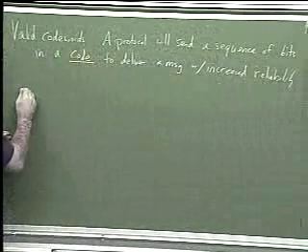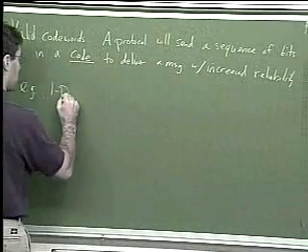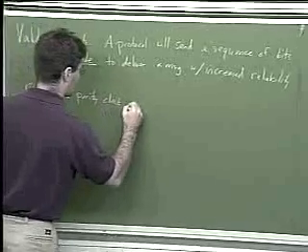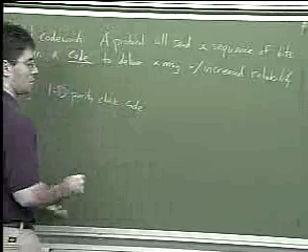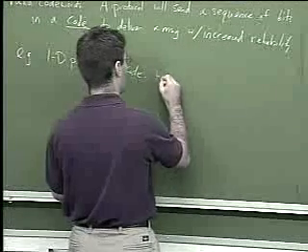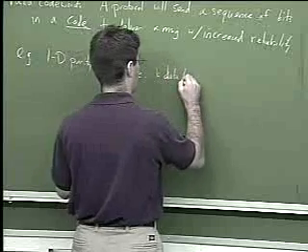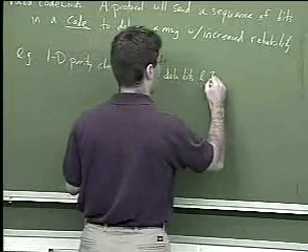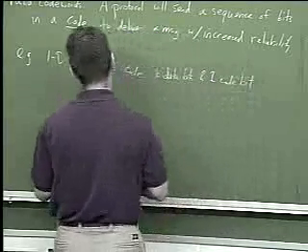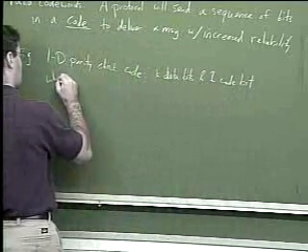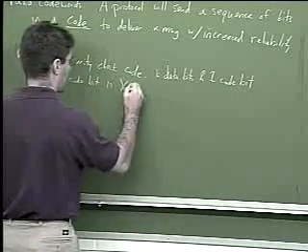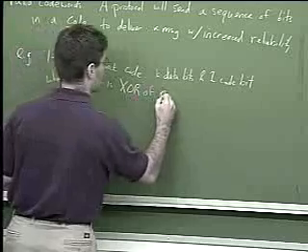For instance, we did the 1D parity check code. Okay, the code is going to be k data bits and one code bit, where the code bit is the XOR of the data bits.